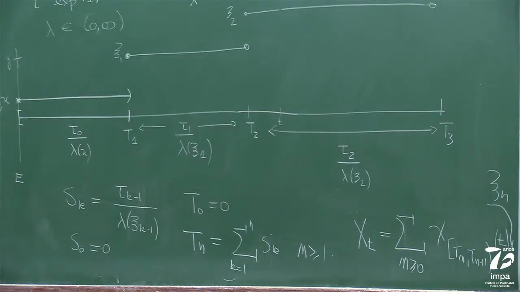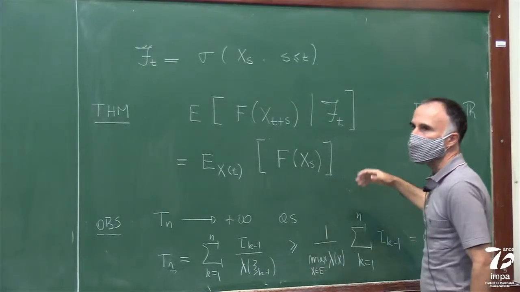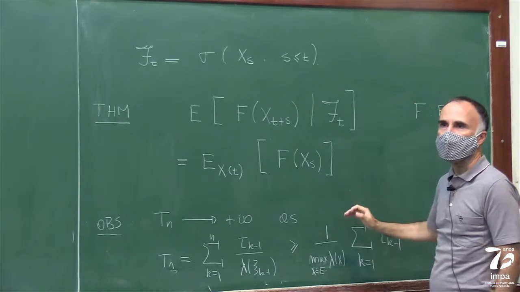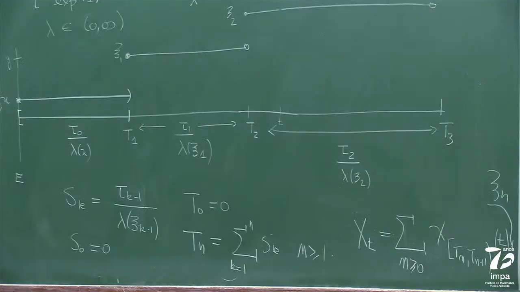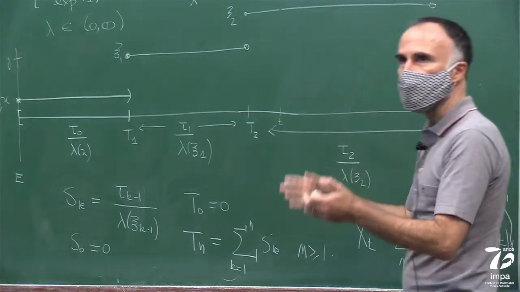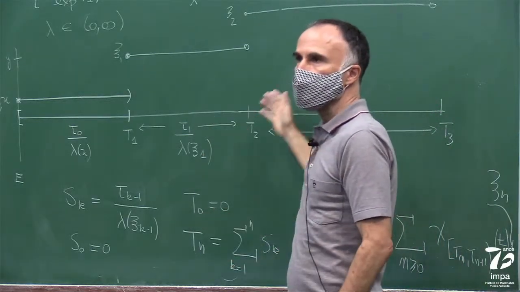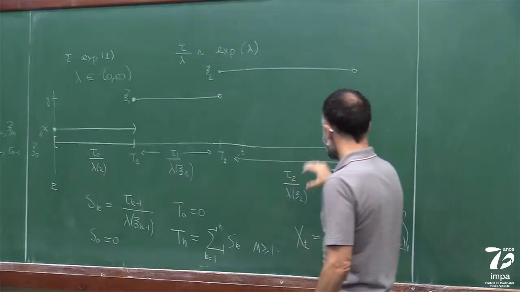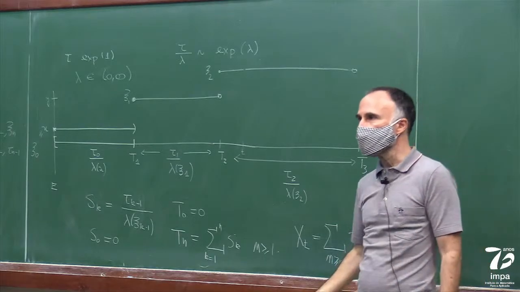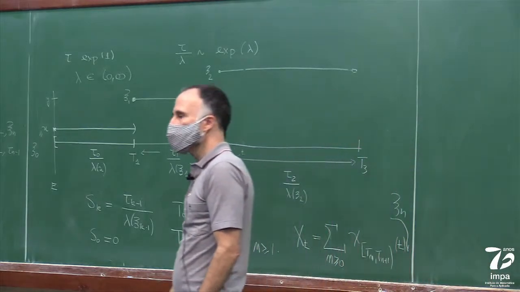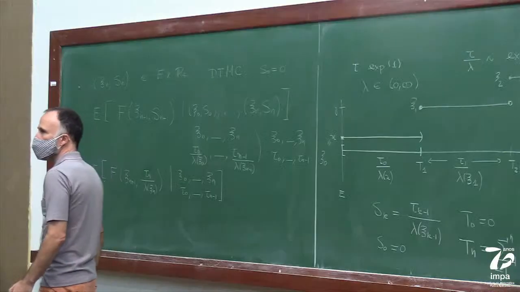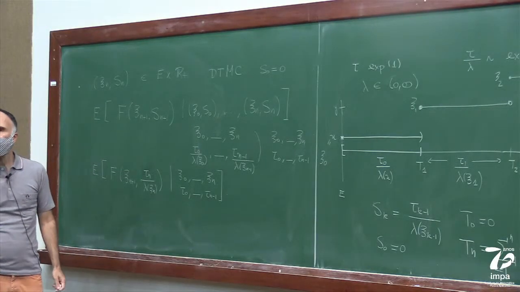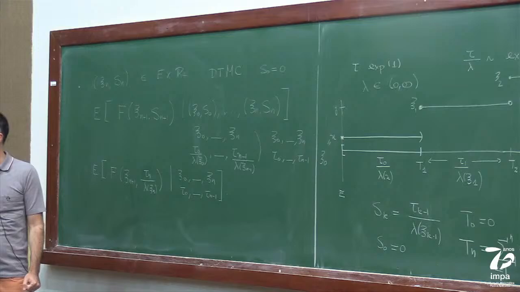So I can, in a space, construct these variables and this process, and the distribution of this process coincides with the distribution of that process. But I prefer to do it the other way around so that you see what a continuous time Markov chain is.